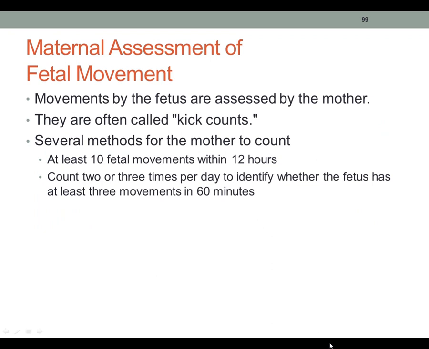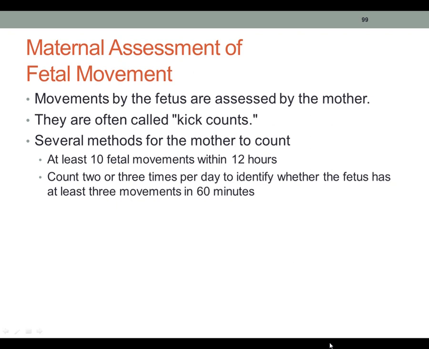So then the maternal assessment of movements, we said these are kick counts. Usually we want at least 10 fetal movements within 12 hours. So what we do is we count a couple of times a day, and we want at least 3 movements in 60 minutes.